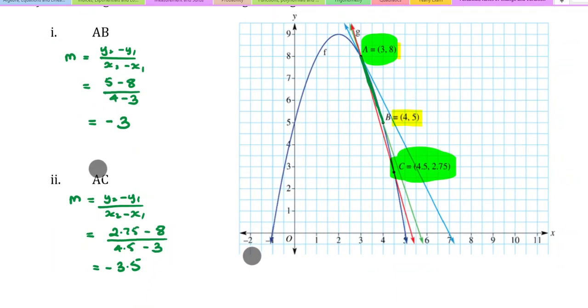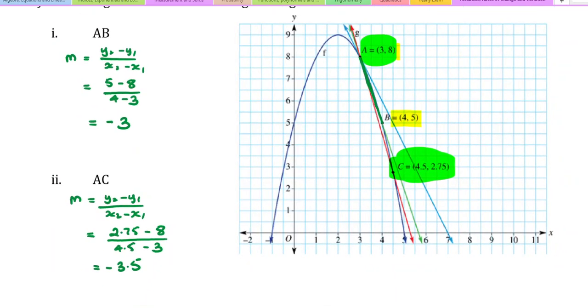So what is happening there is that we have some different lines that are coming out of that point A. The blue one is probably the tangent. The green and the red are other segments that have been drawn to try to approximate that gradient. Now both of them are steeper than the blue line that we are trying to approximate.